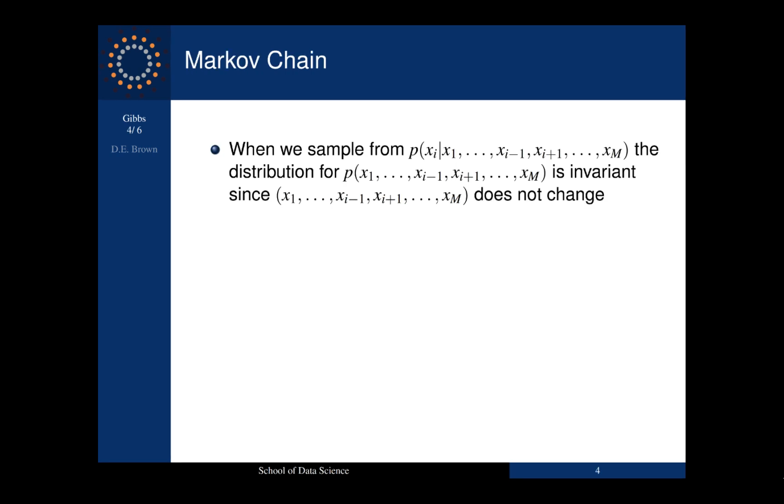So when we sample from this conditional distribution for one of these variables, xi, given all the others, the distribution is invariant. This distribution with the one dimension removed is invariant. The joint distribution is invariant. And since these points don't change, they're fixed.